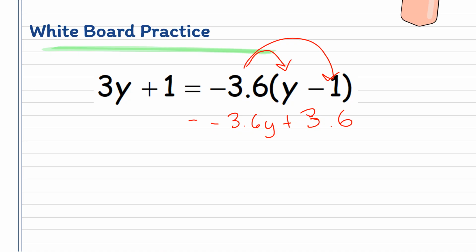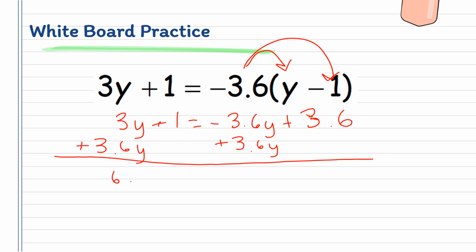And then on the left, I have 3y plus 1. Okay, let's add over my 3.6y. I will have 6.6y plus 1 is equal to 3.6.